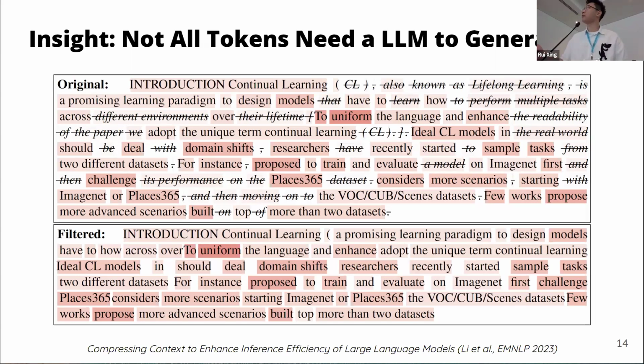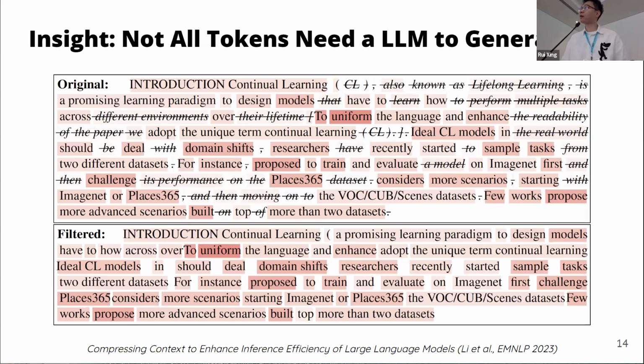And the tokens in lighter colors may contain unimportant information, or may be just connectors between the keywords. And we can just filter out these unimportant tokens to keep the key semantic information of the whole paragraph.